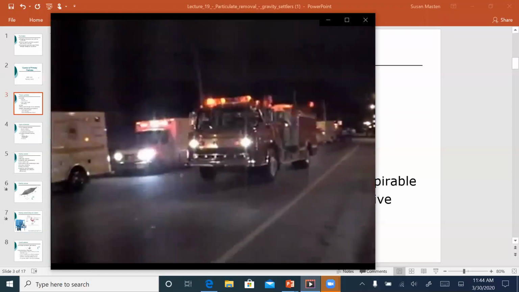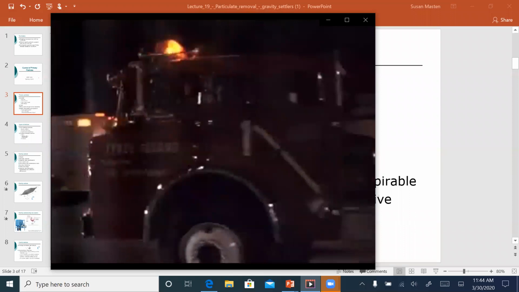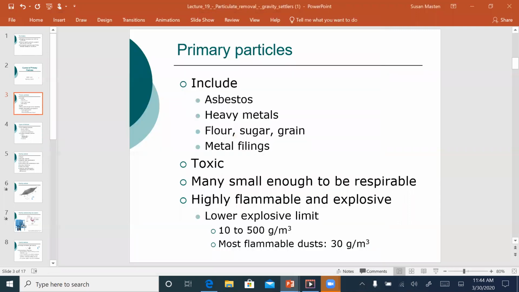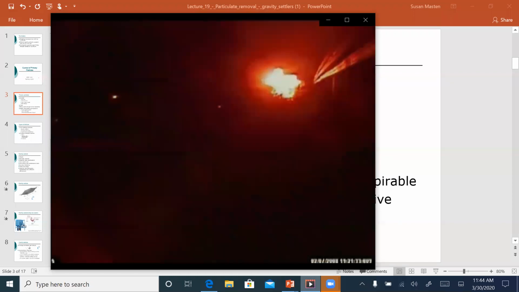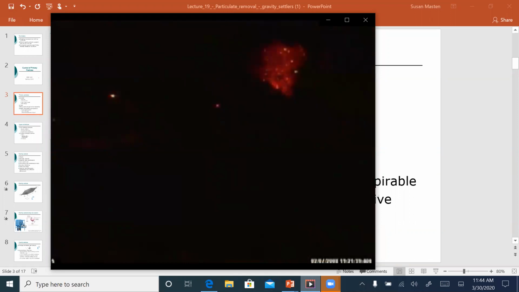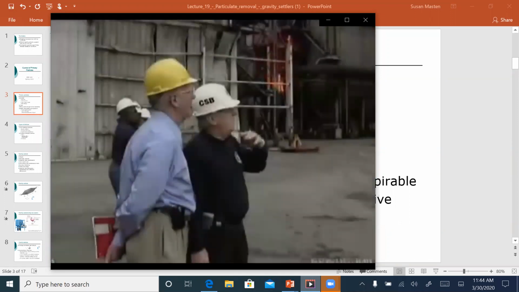At 7:15 p.m. on February 7th, 2008, a violent explosion erupted at the Imperial Sugar Refinery in Port Wentworth, Georgia, just outside Savannah. Surveillance cameras in the area captured the blast, which took the lives of 14 workers and injured 38 others.